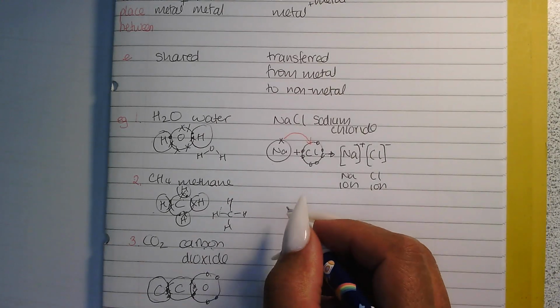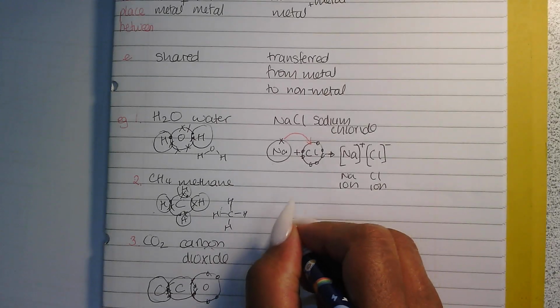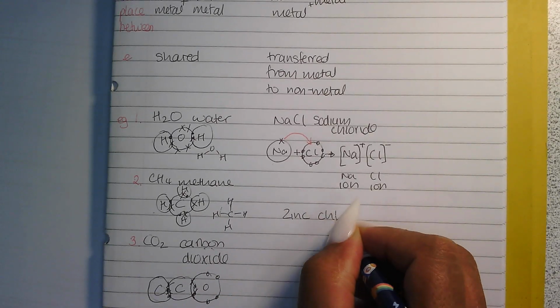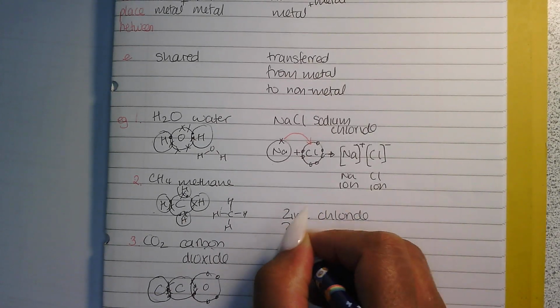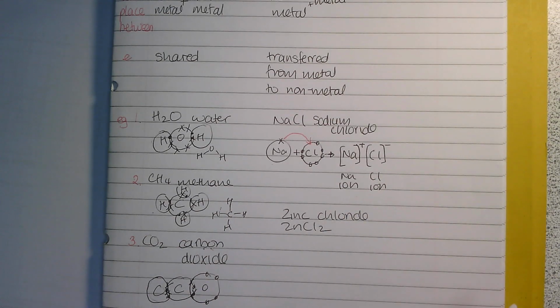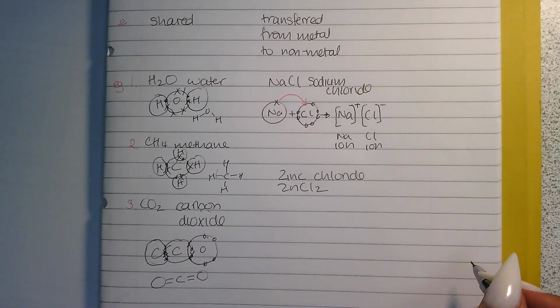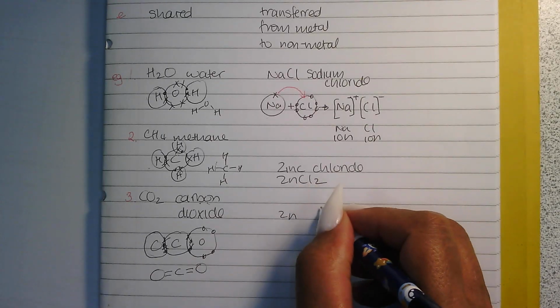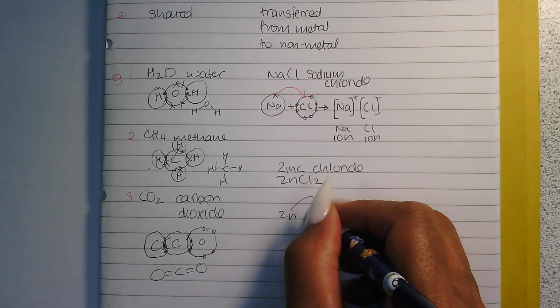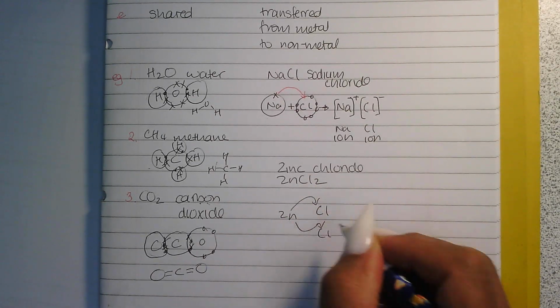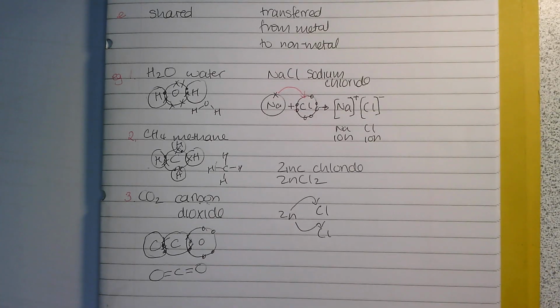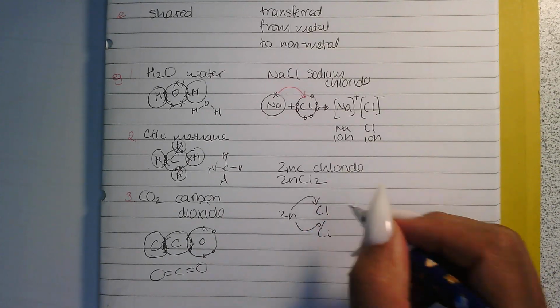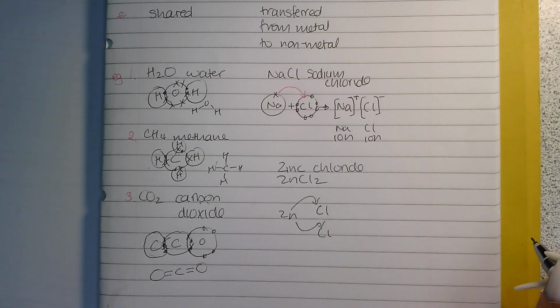Another example is zinc chloride. Okay, zinc chloride. What happens with zinc? Zinc is the metal, and it will provide an electron to 2 chlorine atoms.